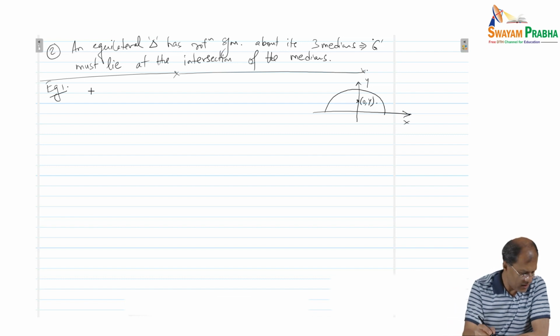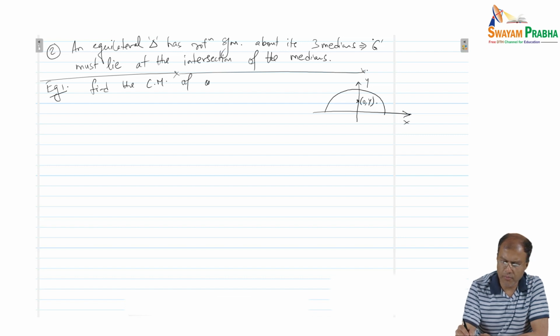So the problem says find the center of mass of a uniform semicircular lamina, right?